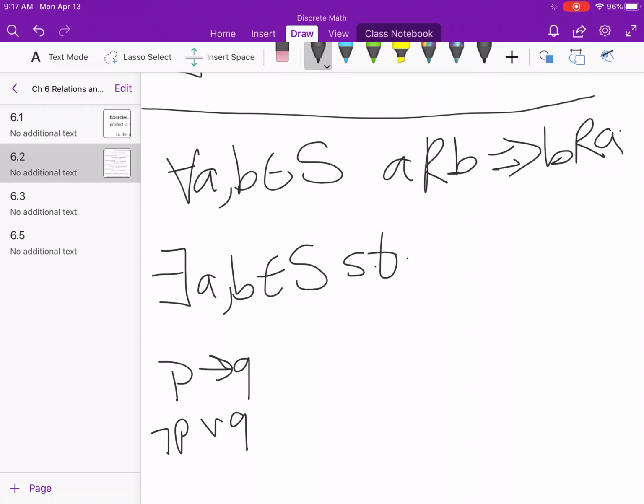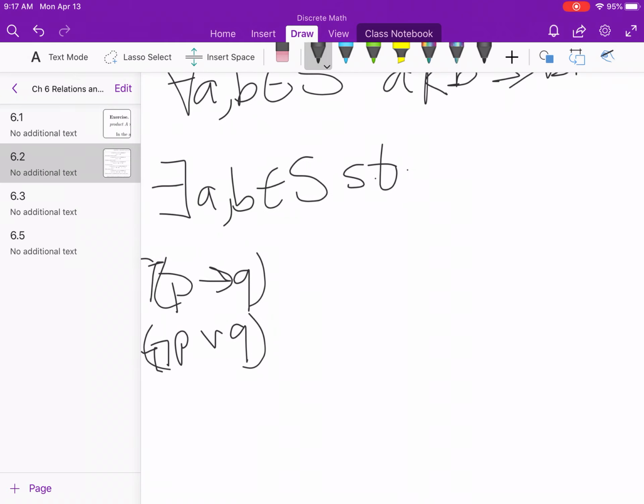So when I go to negate this, what I'll get is P and not Q. So the negation of this is P and not Q. Using De Morgan's law, we'll just distribute that through there.